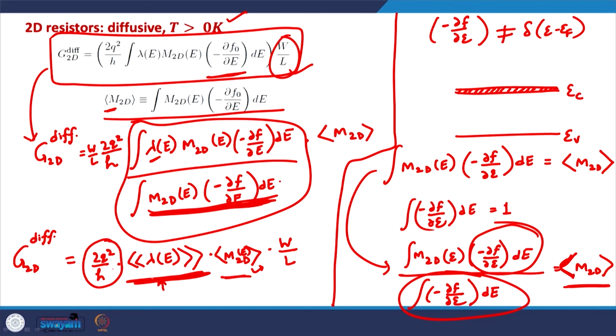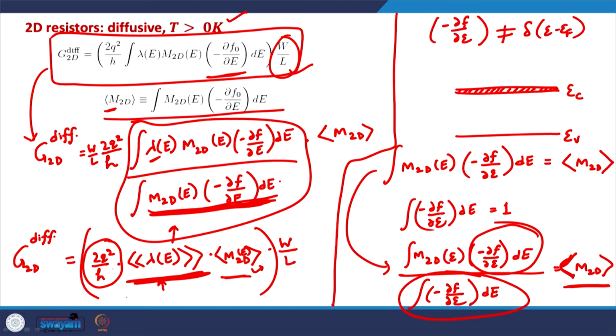So, this is the average mean free path of electrons in the modes where conduction happens, and the modes where conduction happens are the modes in the Fermi window, times W by L. As is evident here, conductance is inversely proportional to the length and directly proportional to the width, as we expect in the case of a diffusive conductor.